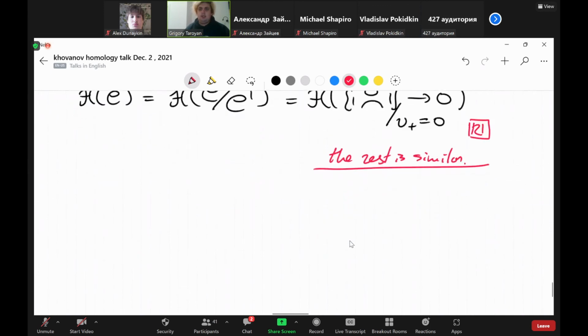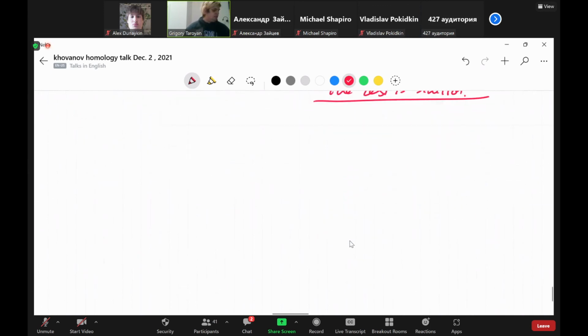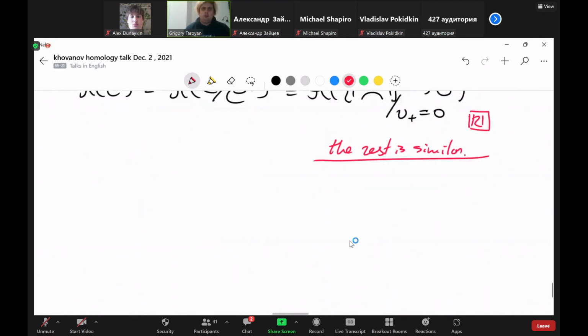So now I think, yes, I can give an example of computation. Unfortunately, I don't think that it will be a very interesting one, but I can compute an example for the trefoil knot. So we start by drawing this cube, which was already mentioned.